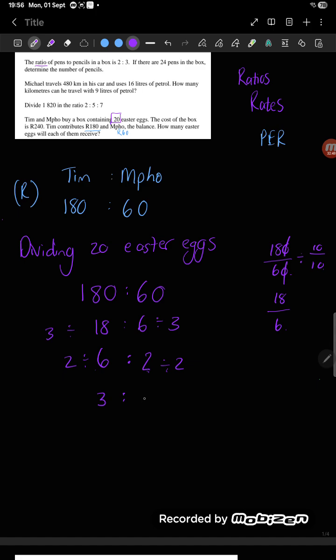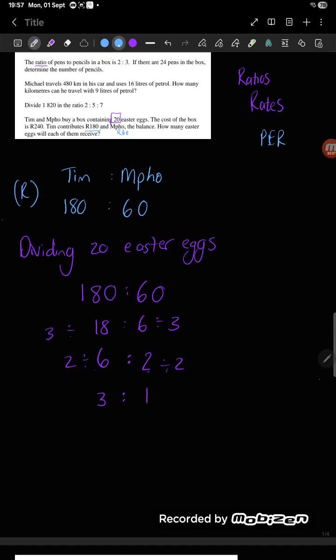I can go 3 to 1. Now I've got my ratio in its simplest form, and I can work on this operation.